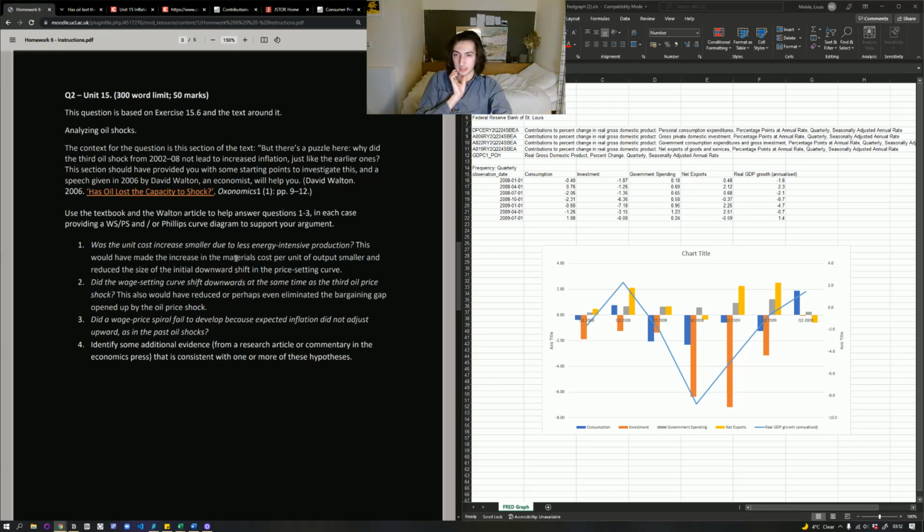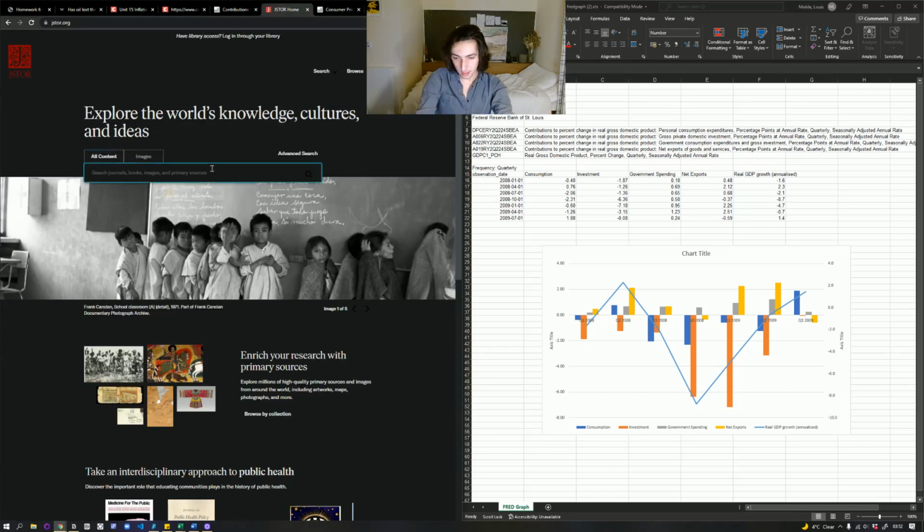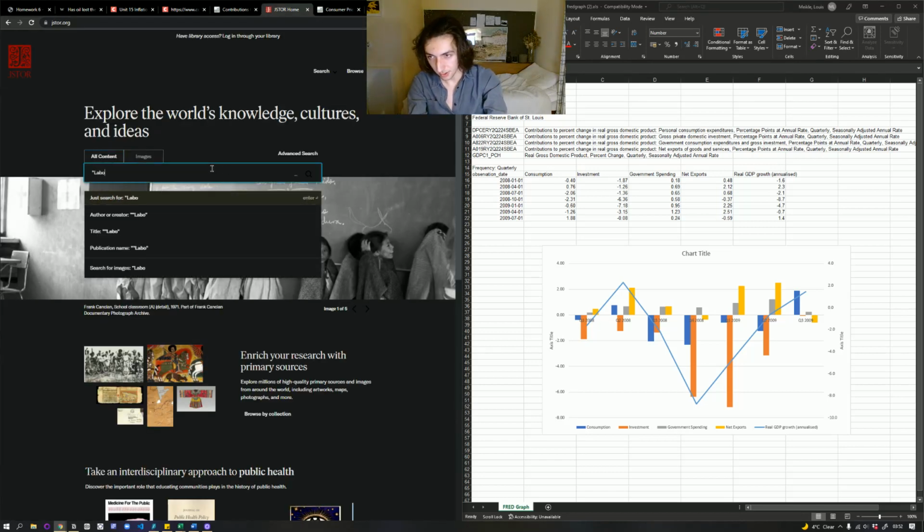shifting downwards. What if we want to go for the first one instead? Was the unit cost smaller due to less energy intensive production? We can also state the flexibility of the labour market. So we can also say labour market and oil.